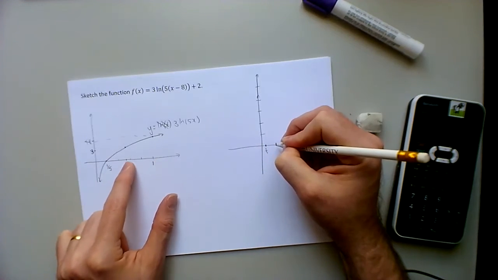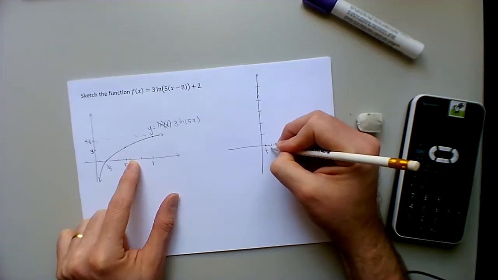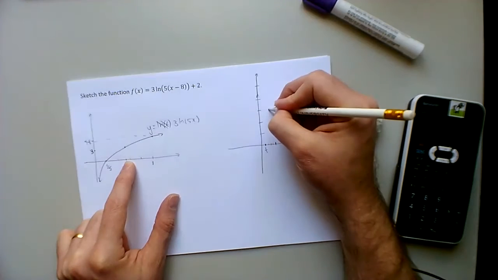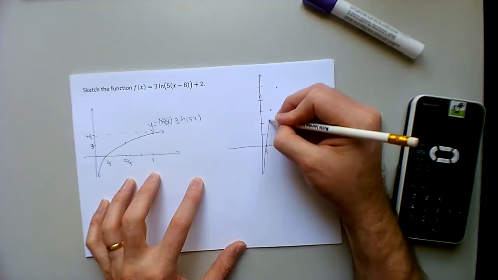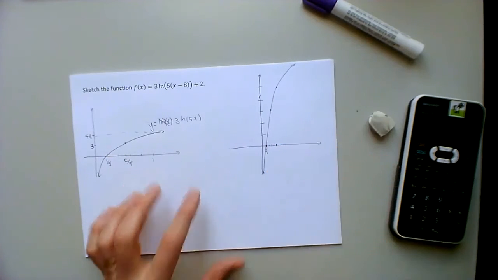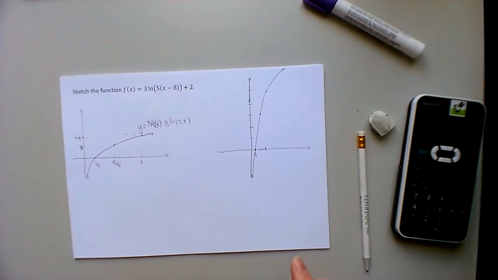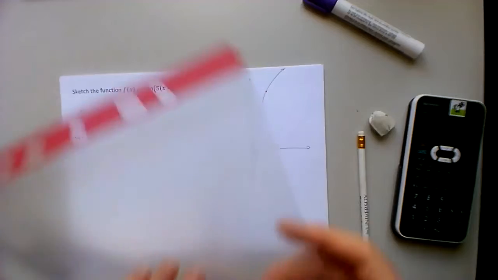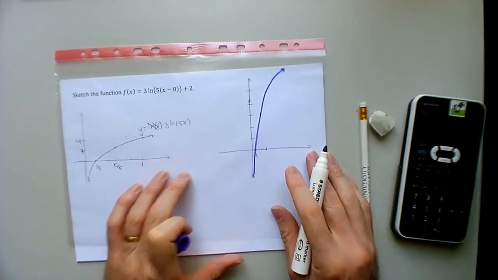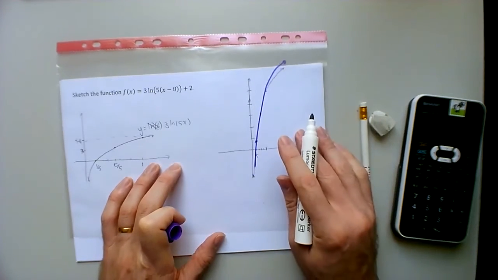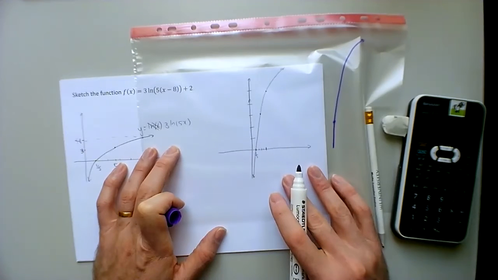E on 5 is somewhere quite close to 3 on 5. So that's about there. And this height is 3. This height's about 4.8. Like that. And then the whole thing shifts over. So it's going to shift two up and 8 forward, like all the way over there.